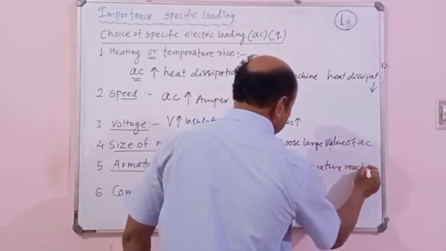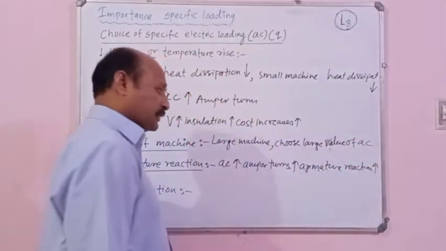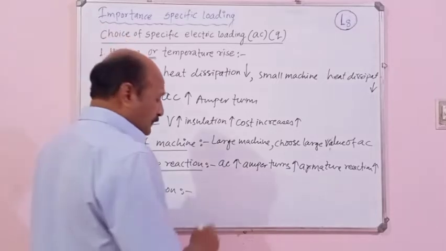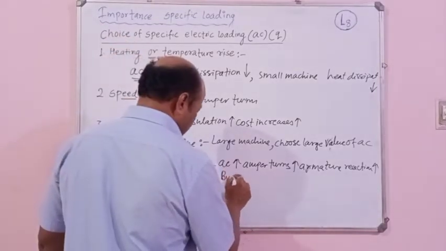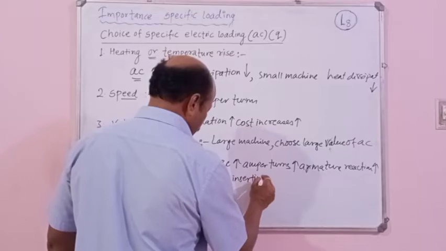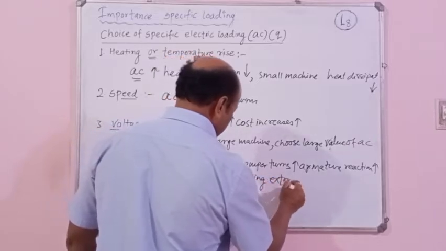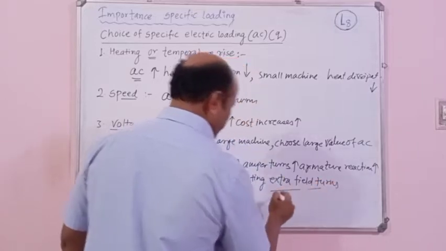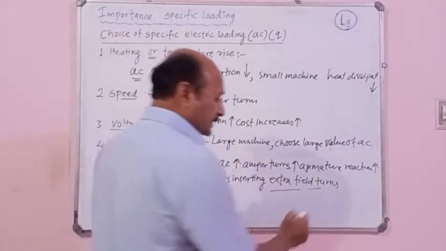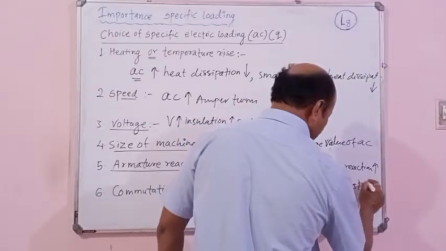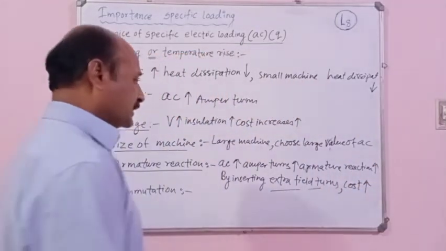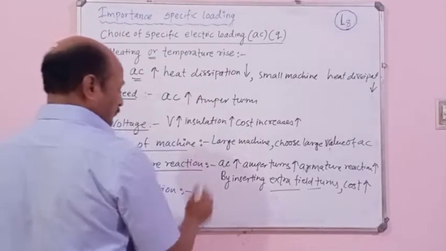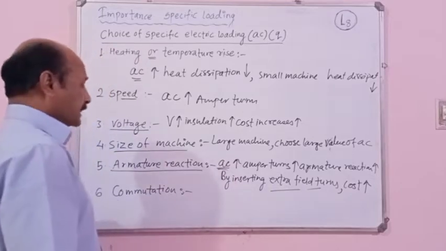As the armature reaction is more, we have to reduce the armature reaction, and you know how to reduce the armature reaction, by inserting extra field turns. So these extra field turns increase the cost. That's why you have to choose the proper value of electric loading.